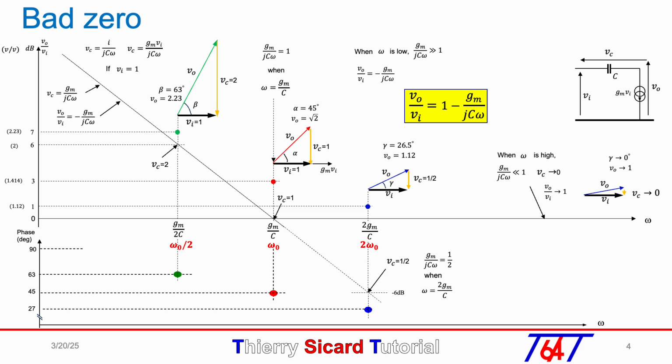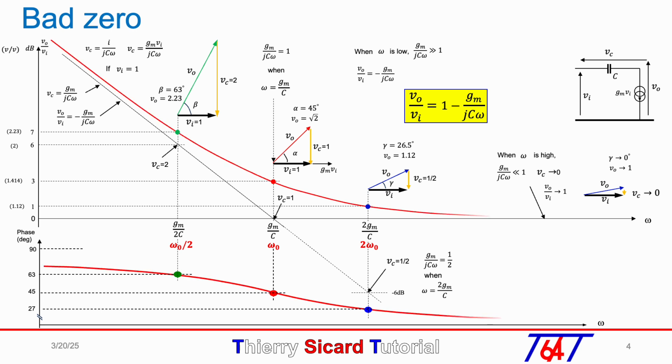After this 3-point calculation, we can graphically represent the gain and phase of the equation Vout over Vin equals 1 minus gm over Cω.